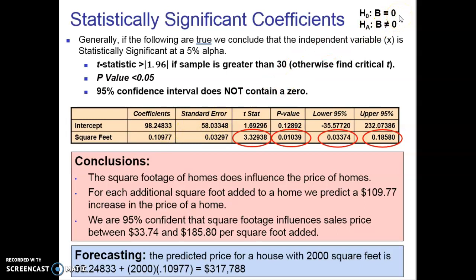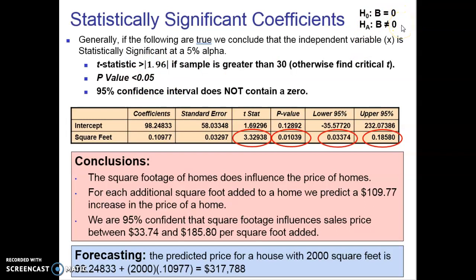Now, the standard is going to be if the p-value is less than 5%, then you would say we have a statistically significant coefficient. And here we have a p-value of 1%, meaning we have a statistically significant coefficient. Another way of putting it is if the p-value is less than 5%, then we can reject the null and accept the alternative.